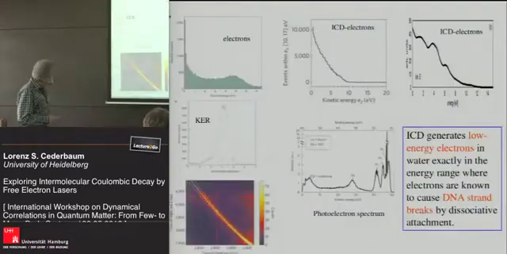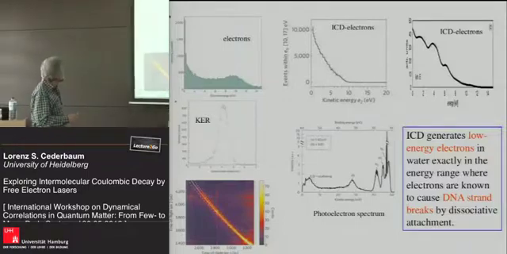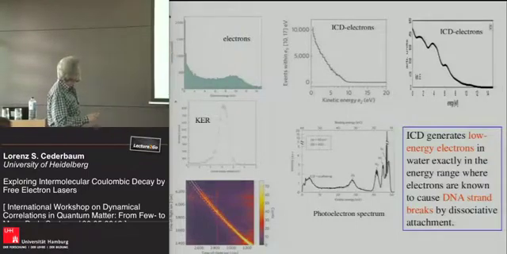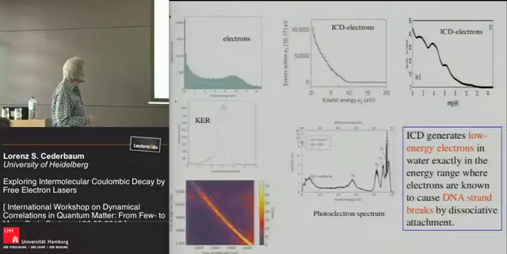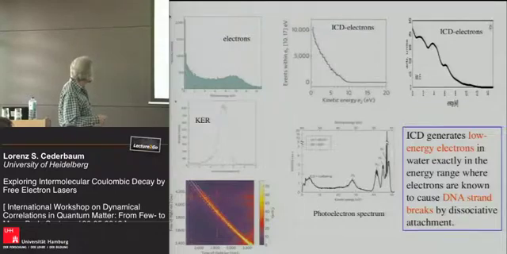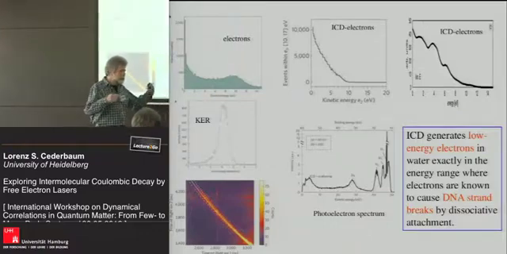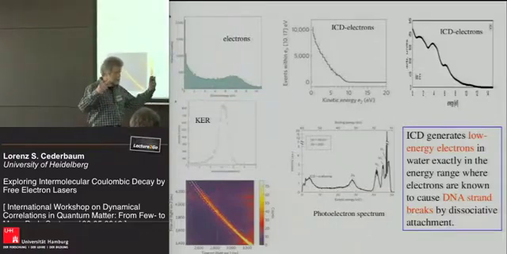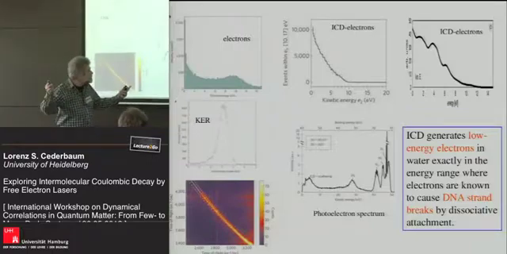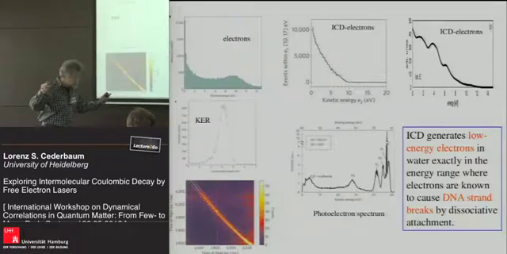And here, I hope you can see, it looks a bit faded to me from here. So that's the experiments on the dimer. These are coincidence experiments, and you can also see, by integrating over the other kind of particle, for example over the electrons, the kinetic energy release by the two waters. Here I should add that after ICD you start with water plus, and an electron moves away from the other water by ICD.